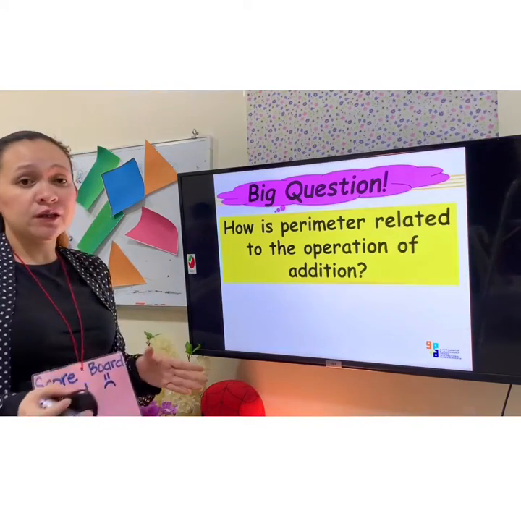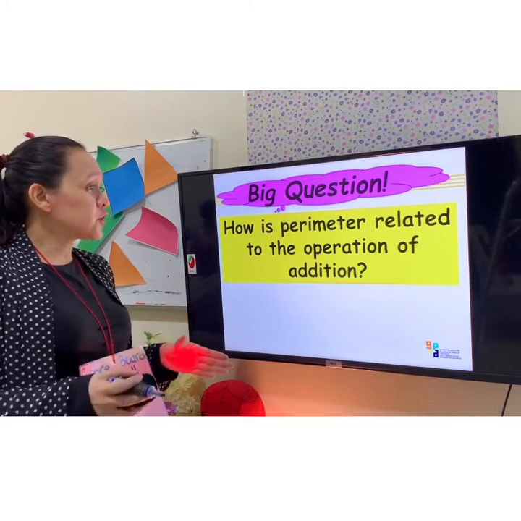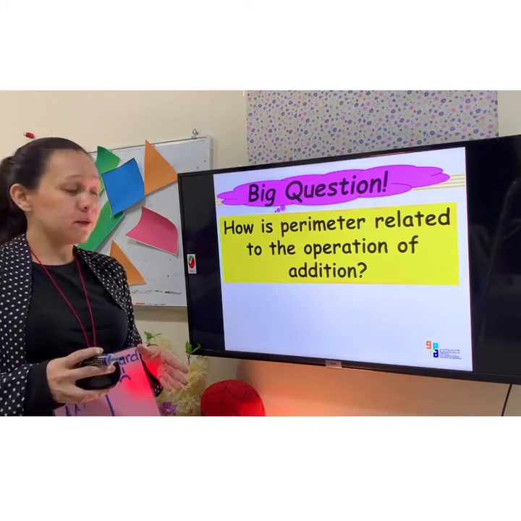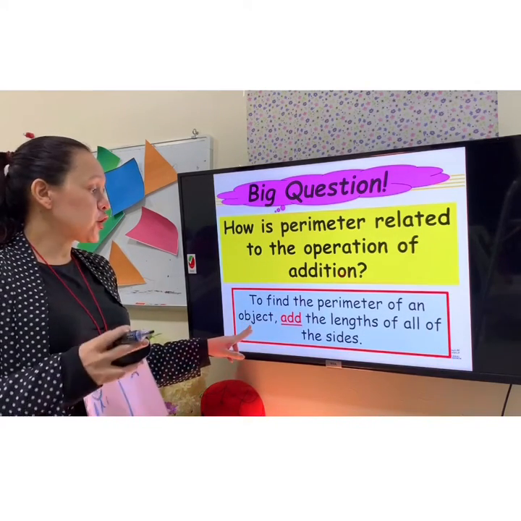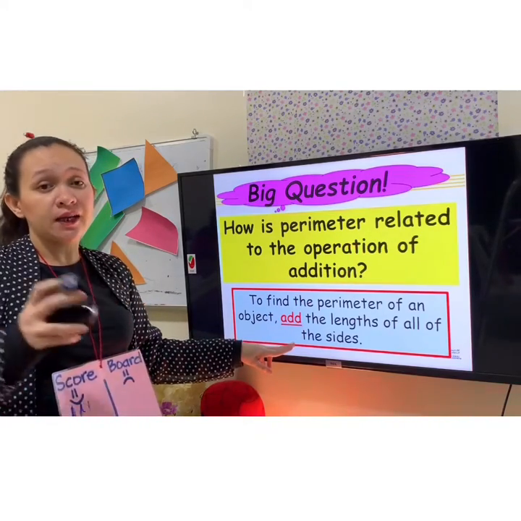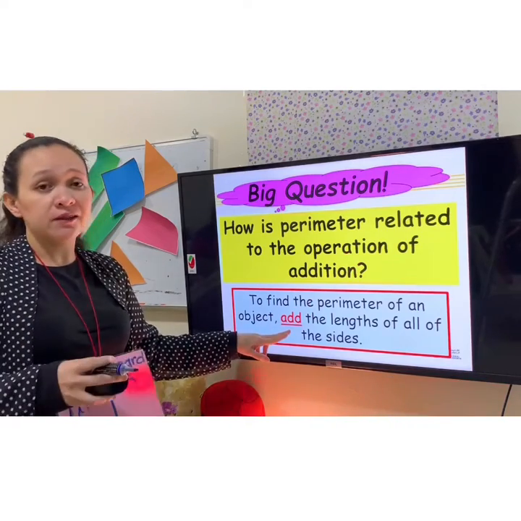Now let's move here to our big question. How is perimeter related to the operation of addition? What do you think is the answer? To find the perimeter of an object, you're going to add the length of all the sides. Again, you're going to add the length of all the sides.